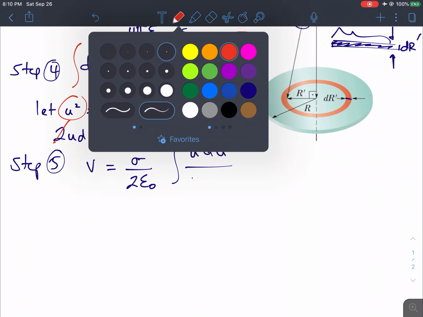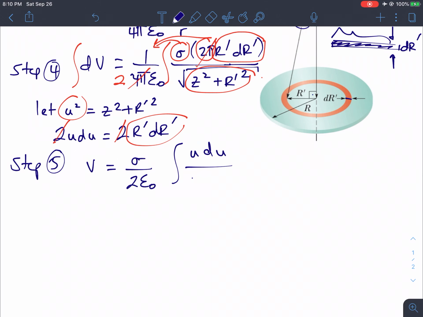So we're going to also put this in. When you take the square root, you get u as well. And this integral simply turns into, the u's are going to go away, simply integral of du, like integral of dx. You just get u.